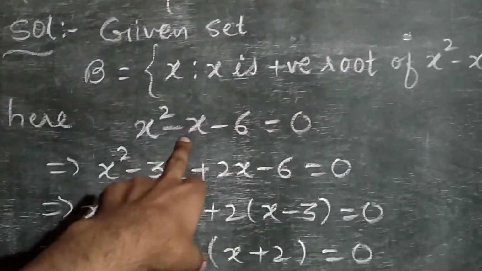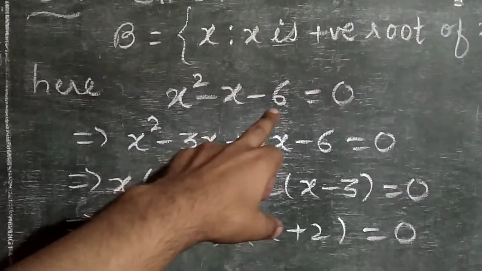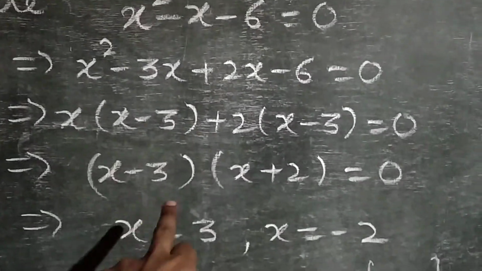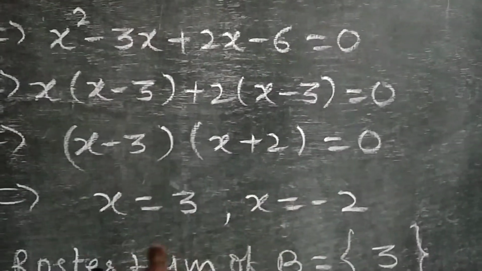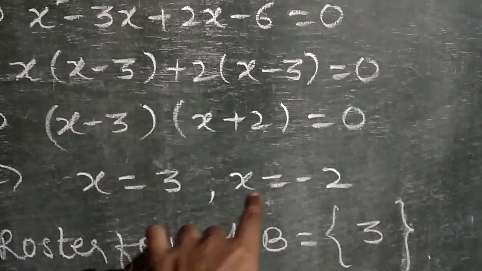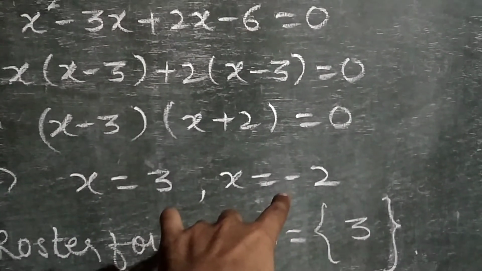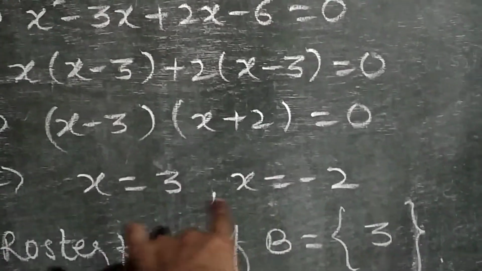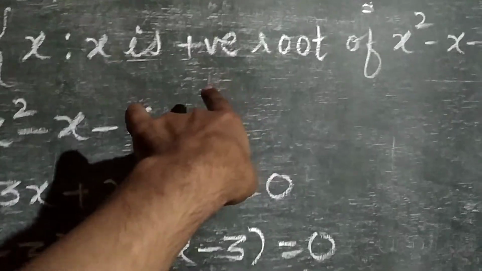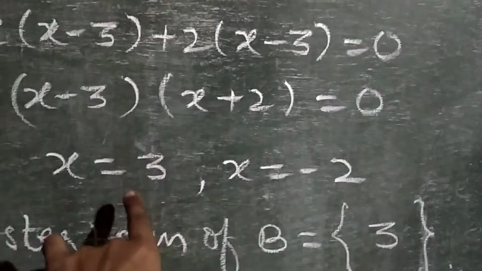We will solve this equation, x square minus x minus 6 equal to 0. Factorize it. We are getting its factors as x minus 3, x plus 2 equal to 0. And on equating each factor to 0, we are getting x equal to 3, x equal to minus 2. But one number is positive, other number is negative. We have to write only the positive root. So positive root is only 3.